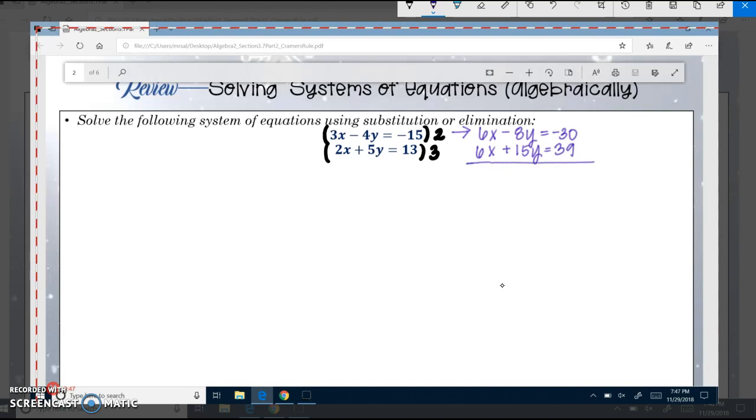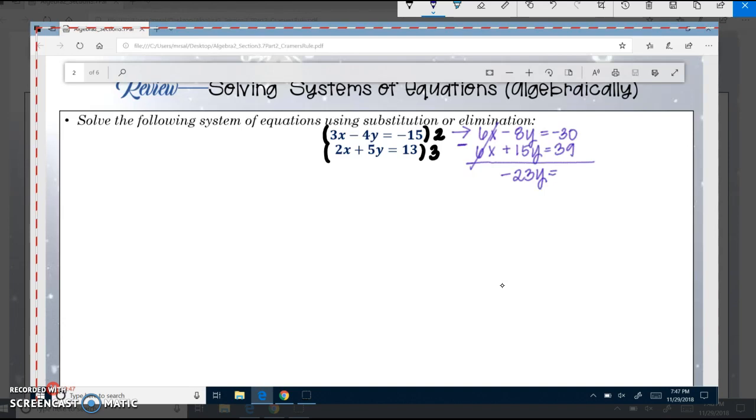Now remember, when using elimination, you have to decide which sign to use to get rid of your variable. Since my 6's are both positive, I'm going to subtract to make things go away. So those disappear. Then I have -8y minus 15y, so I'm subtracting, and I'm going to end up with -23y here.